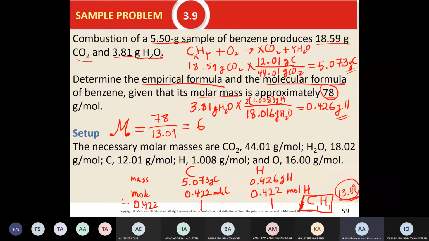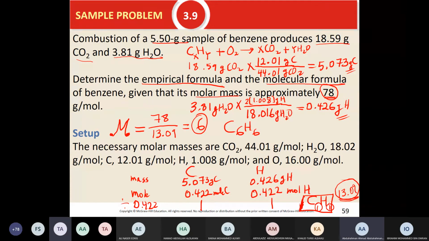You take this number and multiply it by the numbers that you have here. So what's the molecular formula? C6H6.